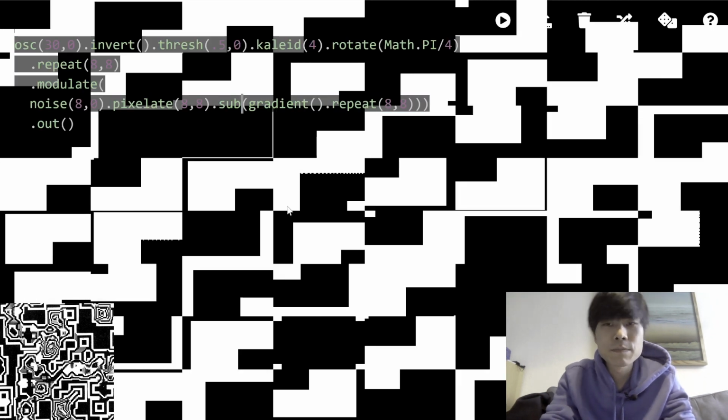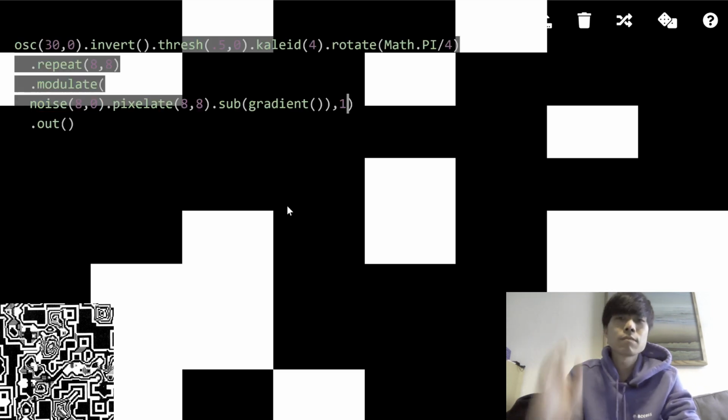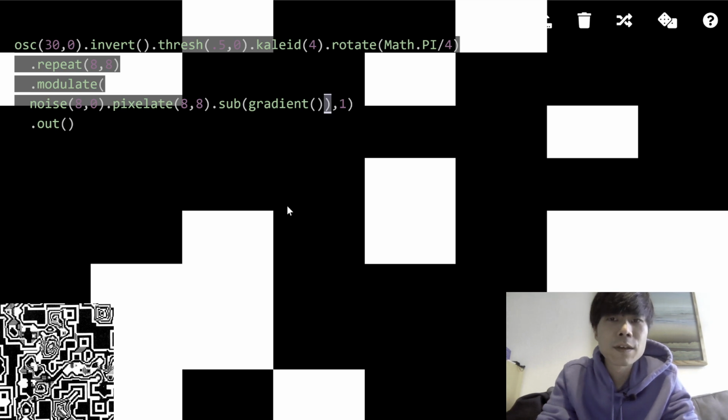It does something. If you, for example, subtract with a gradient, it does something weird. Well, not so much in this case, but if you do something like this, then it completely becomes nonsense. Okay.